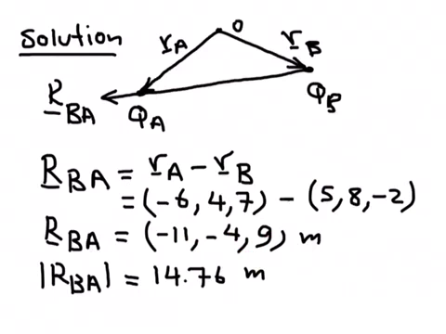It's going to be the square root of 121 plus 16 plus 81. You get the distance between these two charges, this is the modulus of RBA. And I should correct myself here: this should be a vector, so I should have a line underneath this one. So this length here is 14.76 meters.